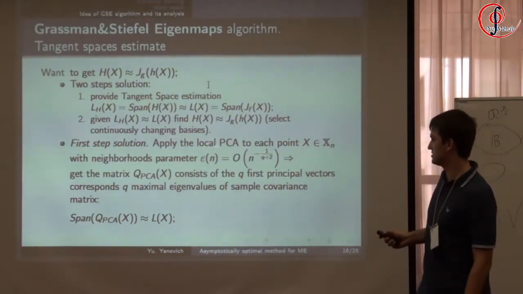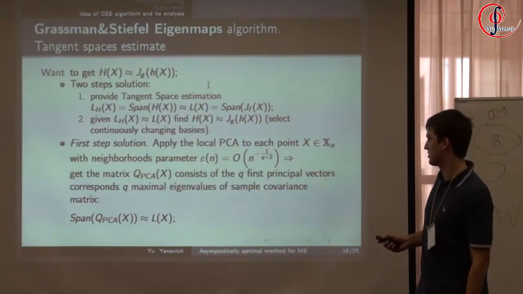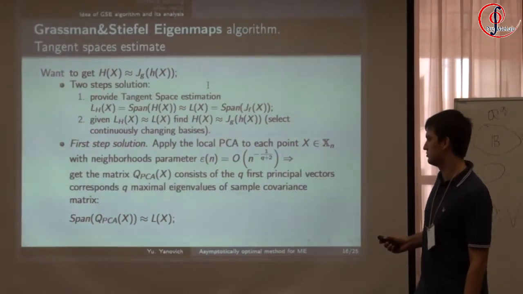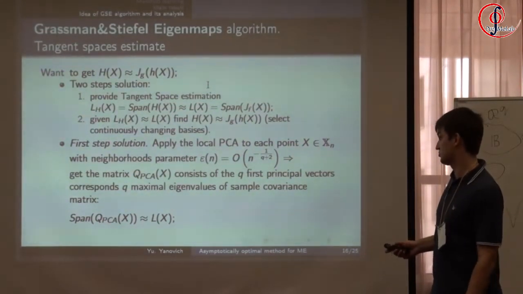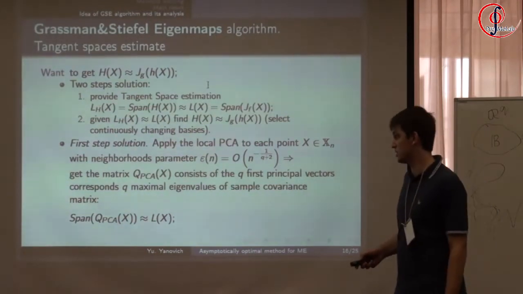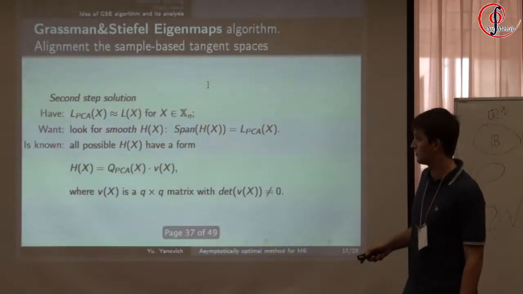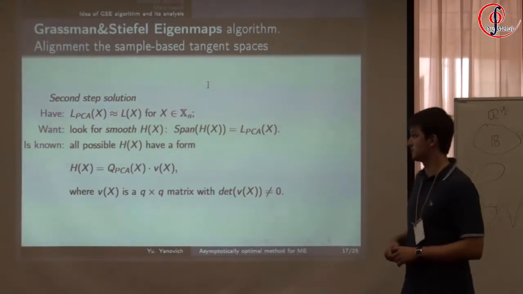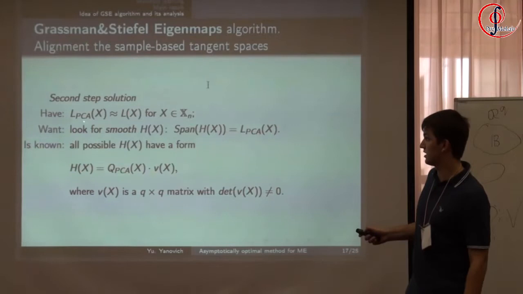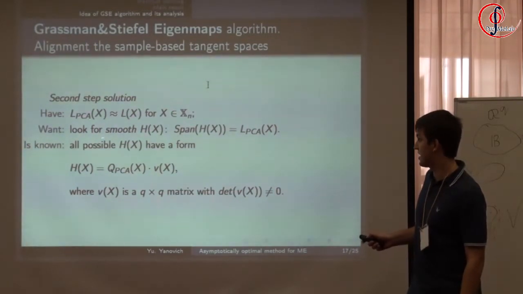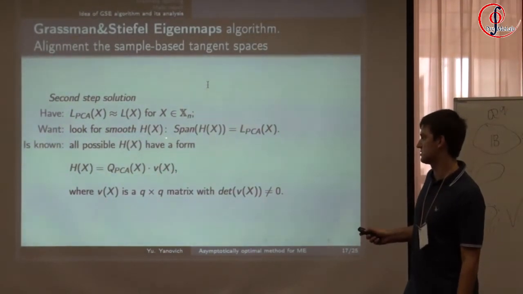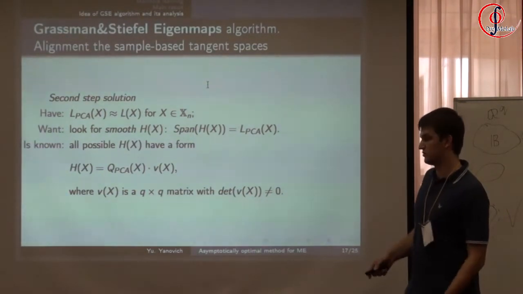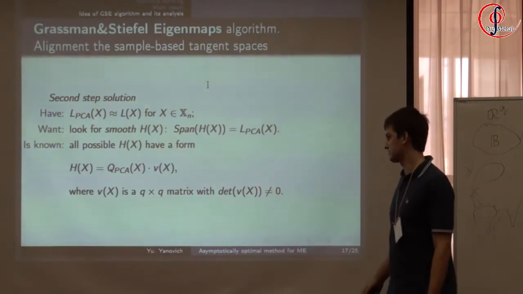One may use local PCA with some neighborhood parameter, and it provides rather good estimates for tangent spaces. And the second step is more complicated. Here we have estimates of tangent spaces, and we are looking for the small matrices H as a function of x, such that they define the same tangent spaces but are smooth in x.